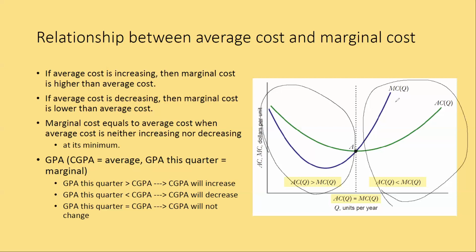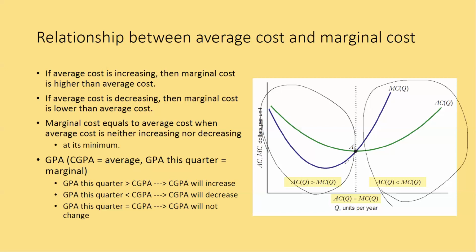So when your GPA this quarter, that is your marginal cost, is higher than your cumulative GPA, that is your average cost, then the average cost or the cumulative GPA will increase. And conversely, if your GPA this quarter is lower than your cumulative GPA, then your cumulative GPA will decrease. So when the marginal is smaller than the average, the average will decrease.